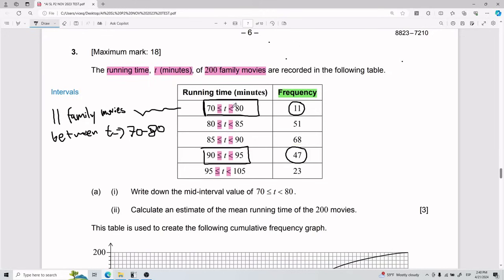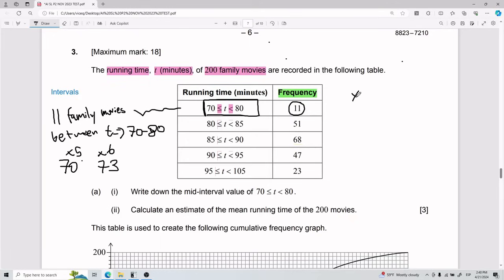Now I'm going to say something right away. Up here, they tell you that this first interval, you have 11 of them, see? You have no idea how that's spread out, right? Because maybe of those 11, you have, I don't know, 5 70s and maybe 6 73s. It can be something like that.